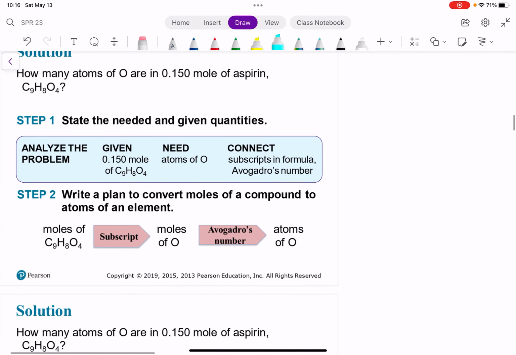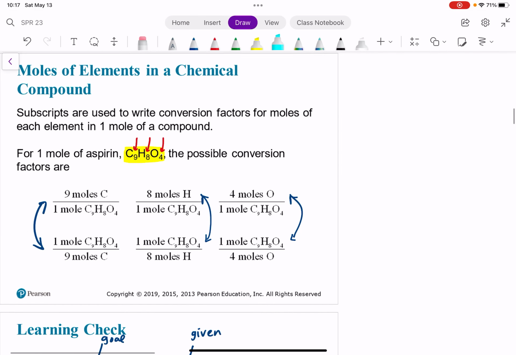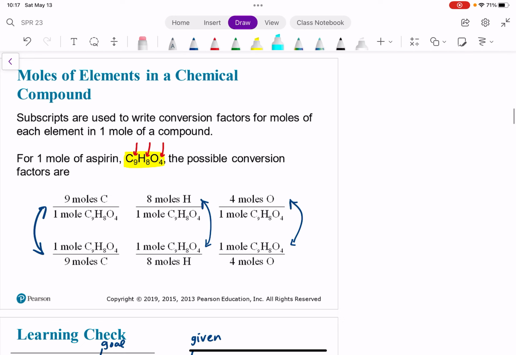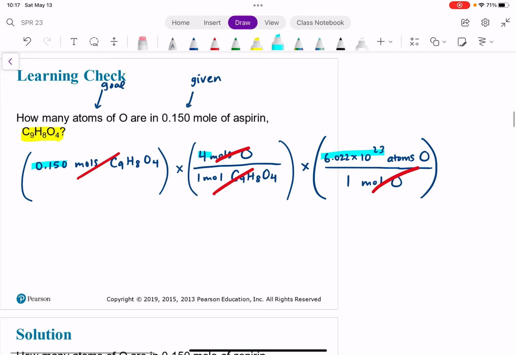So just to kind of summarize, we said, all right, in 1 mole of aspirin, I have 9 moles of carbon, 8 moles of hydrogen, and 4 moles of oxygen. And I know that from the subscripts. So I can use those subscripts to write a conversion factor that shows how many moles of this specific element that I'm looking for are in my aspirin molecule.